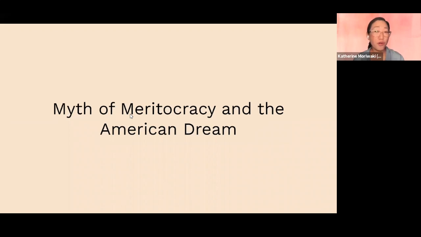And therefore, anybody who actually has material and financial success has it because they deserved it. And that is the myth of meritocracy, this idea that people are rewarded based off of merit regardless of what kind of circumstances a person came from, that hard work and talent will be recognized basically with material success.